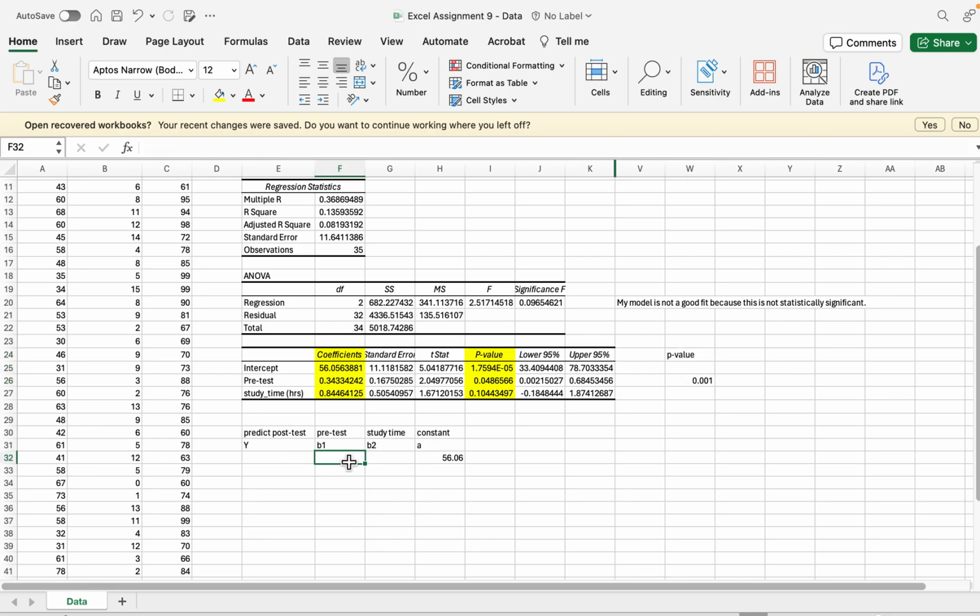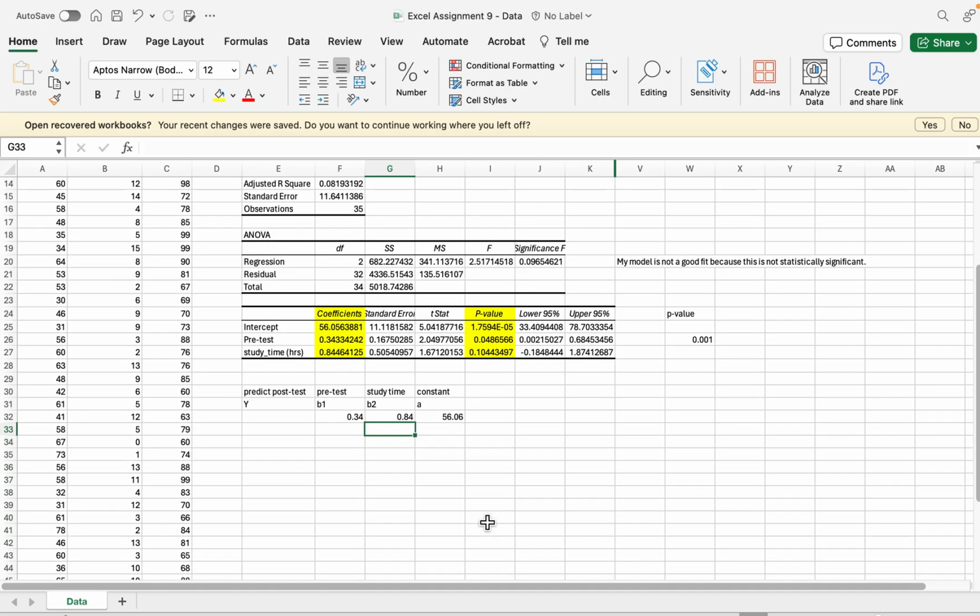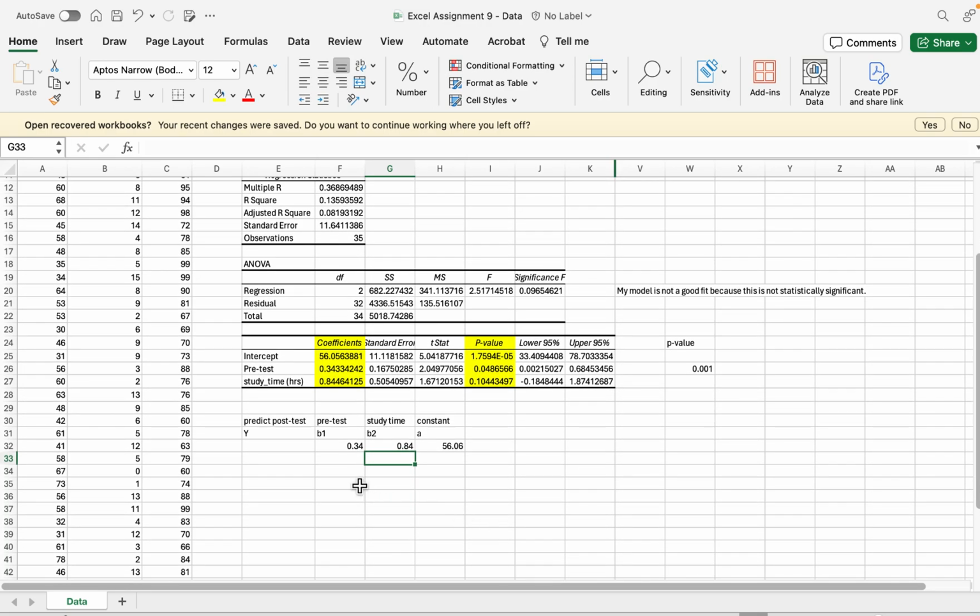Our unstandardized beta coefficient for pretest is 0.34 after rounding. And for study time it is 0.84 after rounding. So here is our equation.